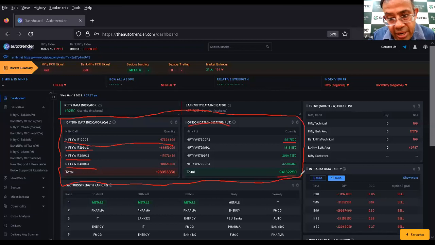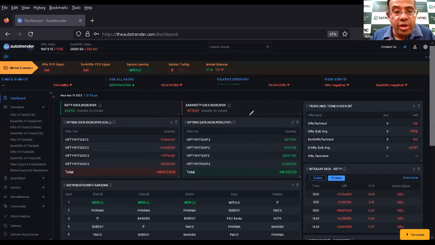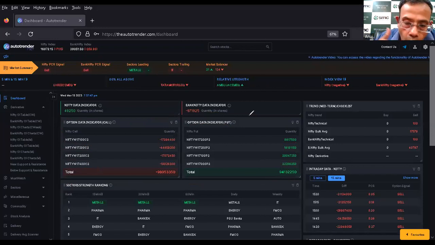That is why it has a positive data to it. So this is one of the best indicators on how you should be viewing the market, and sometimes it is also good for you to select the strike prices.